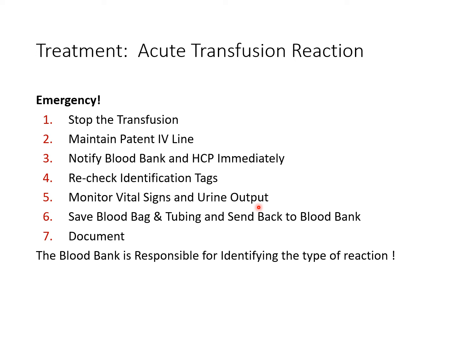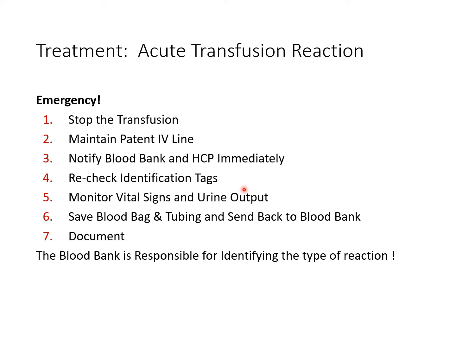So that would be the worst reaction that can potentially happen, right? You're saving the blood bag and tubing, and sending everything back to the blood bank, and you are documenting. And then you may be given orders to give medications, whatever follows after that. And the blood bank is responsible for identifying the type of reaction, like I said.